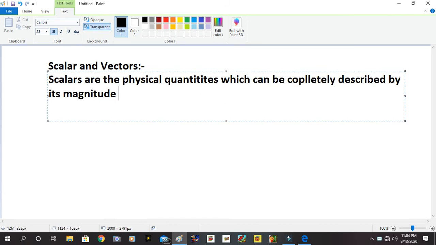Did you understand? The quantity which can be completely described by its magnitude only, then we say that the quantities are called scalar.